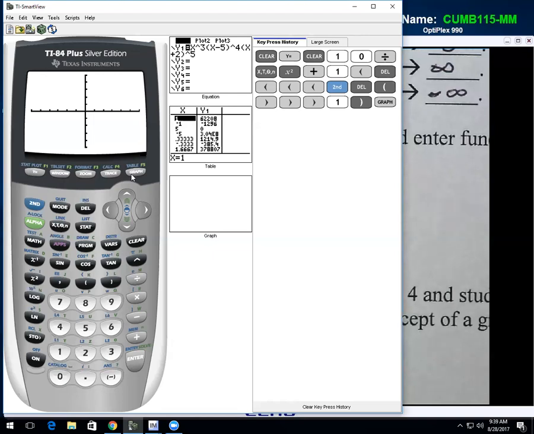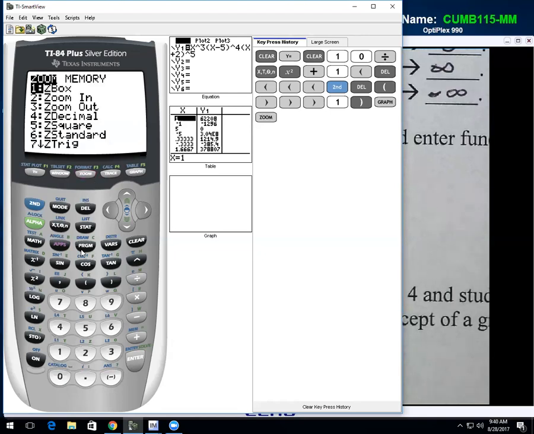If I want to manually set the window to what I want it to be, I can use my window key. If I just want to go to the default window, which for TI is -10 to 10 on both axes, I can press zoom.